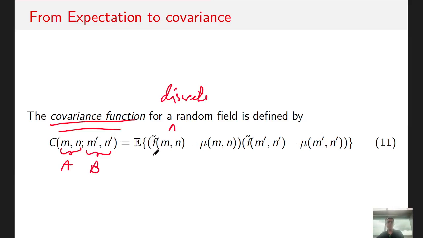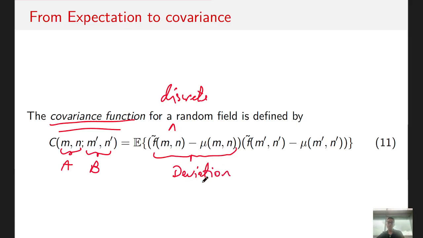What we're doing in the mechanics of the calculation is taking a particular experiment, looking at what the intensity is in that experiment at some location A, but subtracting from that the mean value of intensity at that location A. Okay, so this is a deviation. That's the bit just in brackets here.